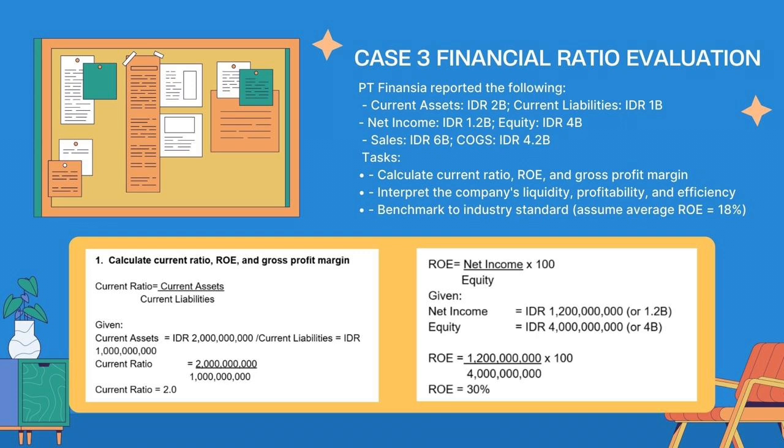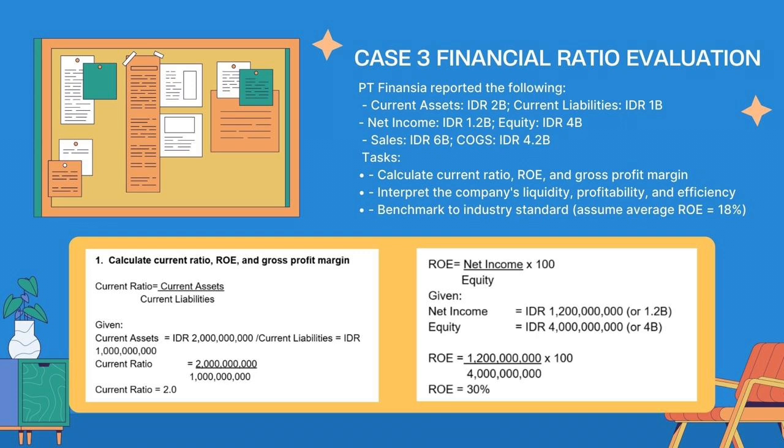The formula is net income over equity times 100. The net income is 1.2 billion rupiah and the equity is 4 billion rupiah. So 1.2 billion rupiah over 4 billion rupiah times 100, the result is 30%.